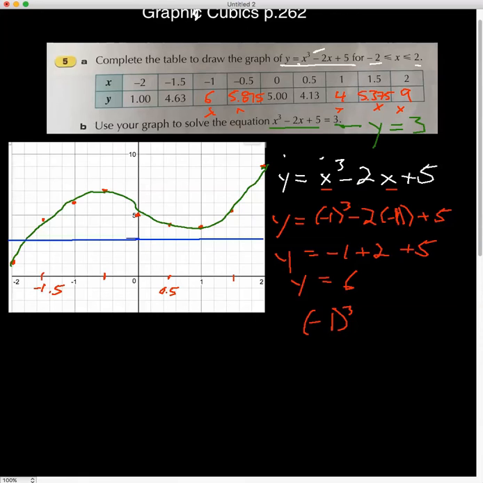So, what happens when this parabola or this cubic crosses this line 3? Well, that's the point where they share the same x's. So what they're looking for when they say solve, they're asking what x is shared.